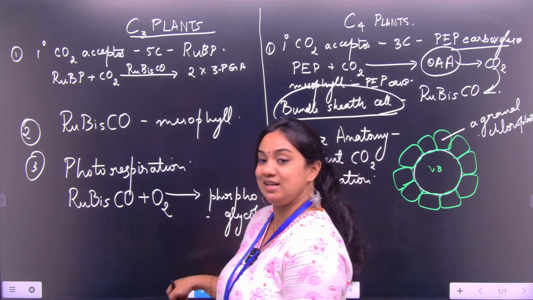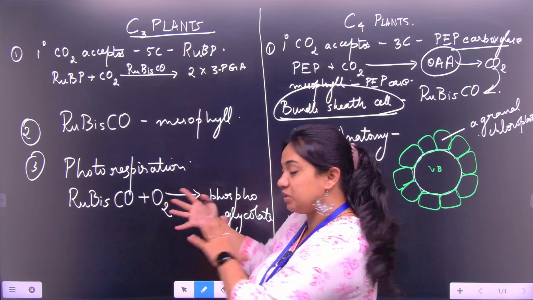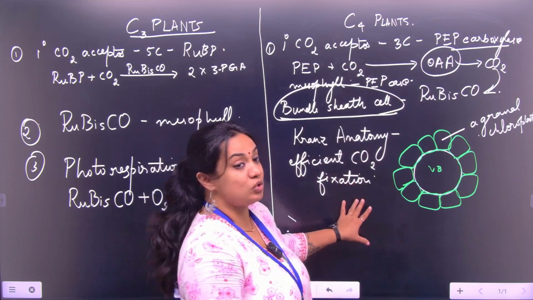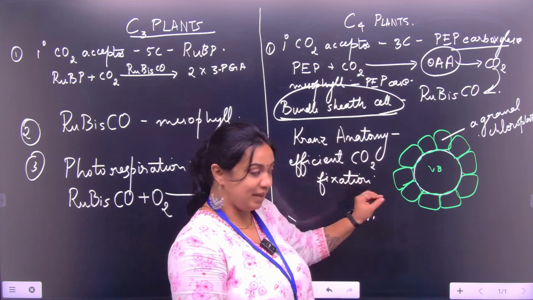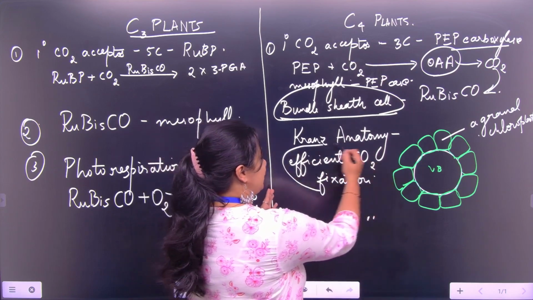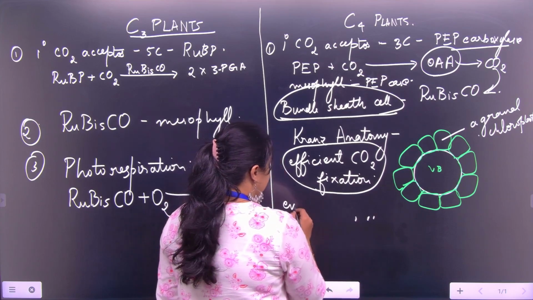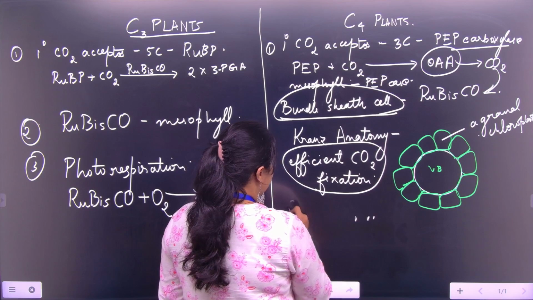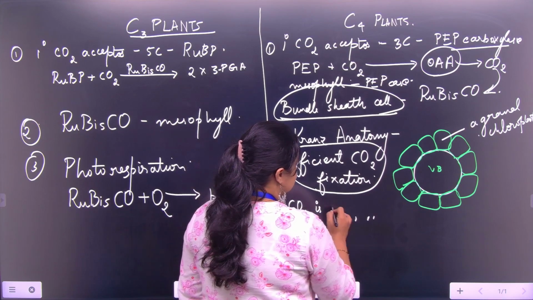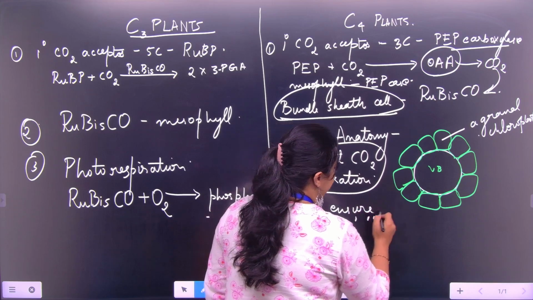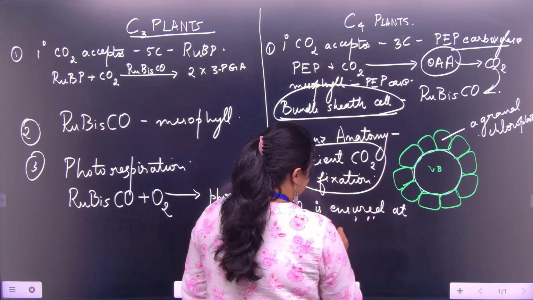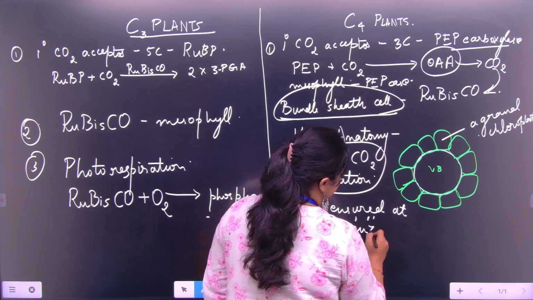it is also releasing carbon dioxide, whereas this photorespiration process is not observed in C4 plants because it has a very efficient carbon dioxide fixation method where the presence of carbon dioxide is ensured at the enzyme site.